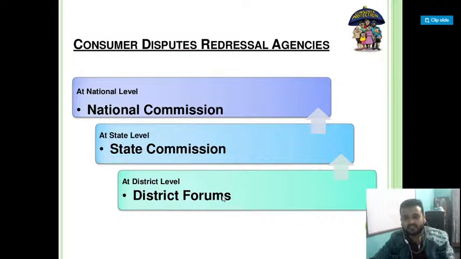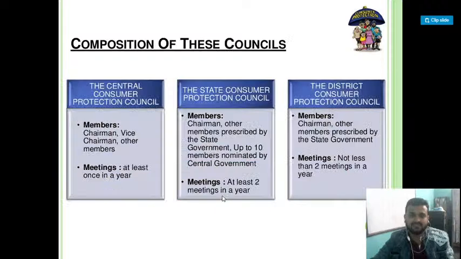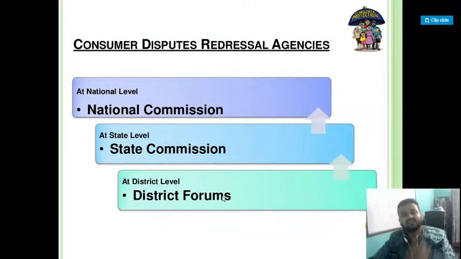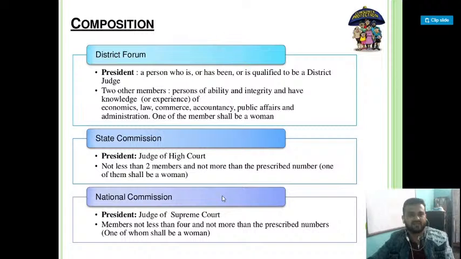The Consumer Protection Council also works at three levels: the district level, state level, and national level. The lowest level is the district level. Composition is not that much required; you don't have to study the composition.